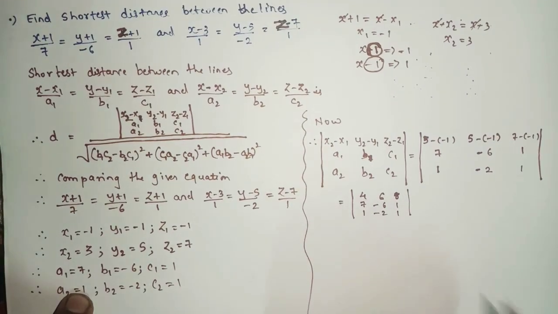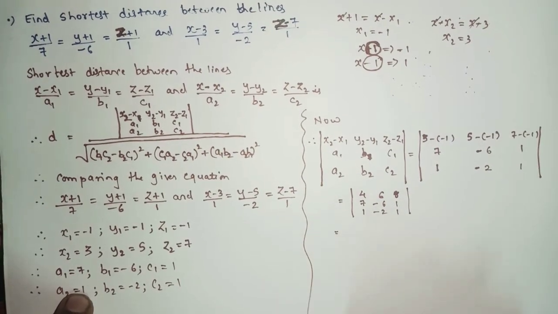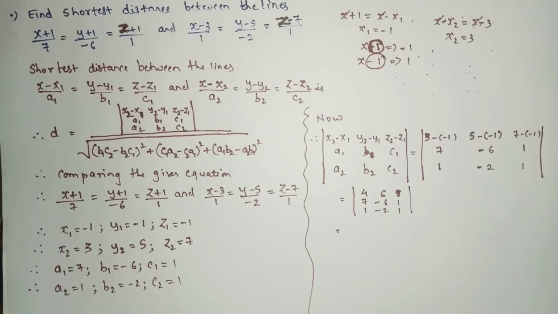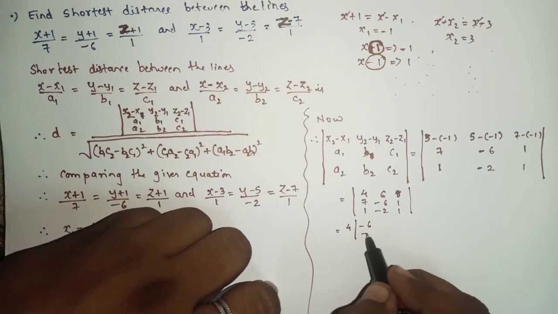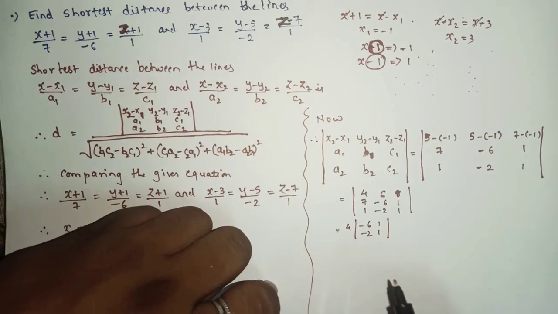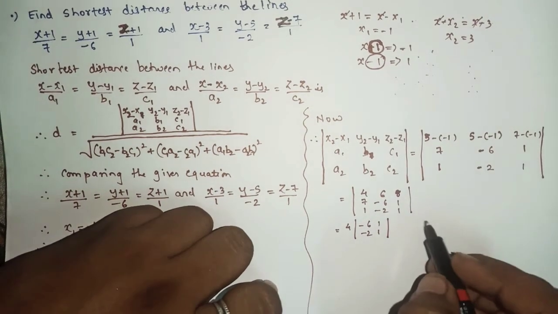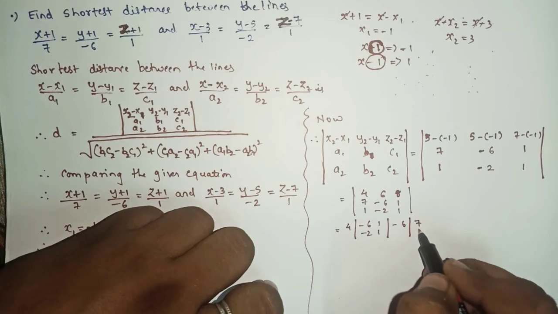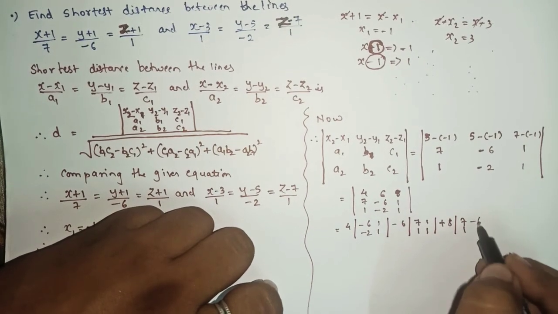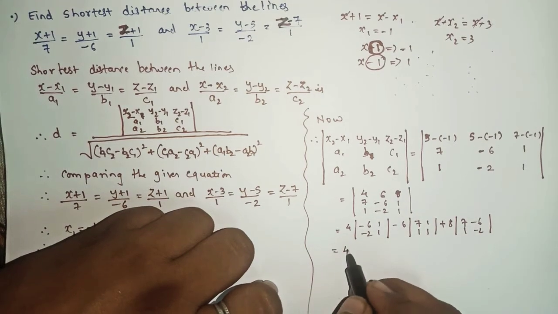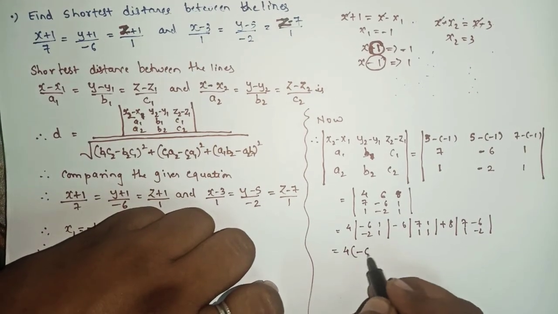Yes or no? After that we all know how to solve the 3 by 3 determinant. So first you will write 4, then minus 6, minus 2, 1, 1. Then minus 6, 7, 1, 1, 1, then plus 8, 7, 1, minus 6, minus 2. So here 4 you will keep as it is, this will be minus 6.